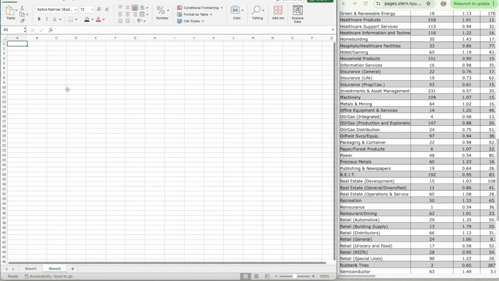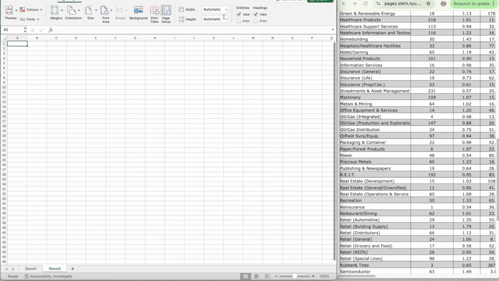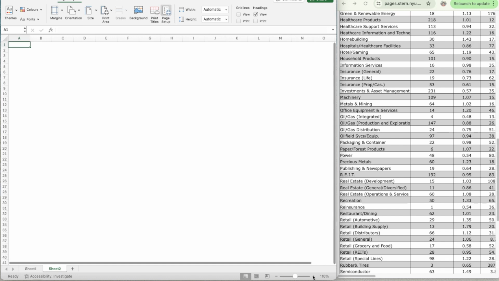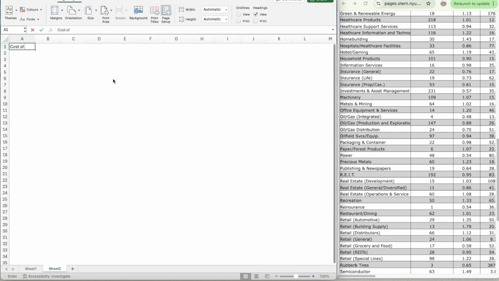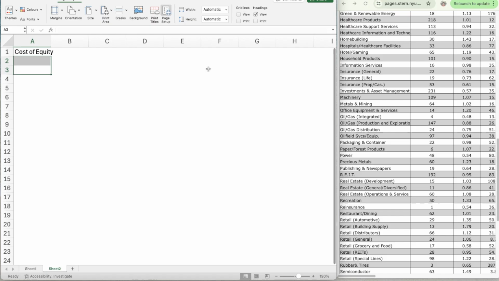So if we remember correctly, cost of equity, let's come in a bit more. This equals the risk-free rate plus the beta multiplied by the equity risk premium.